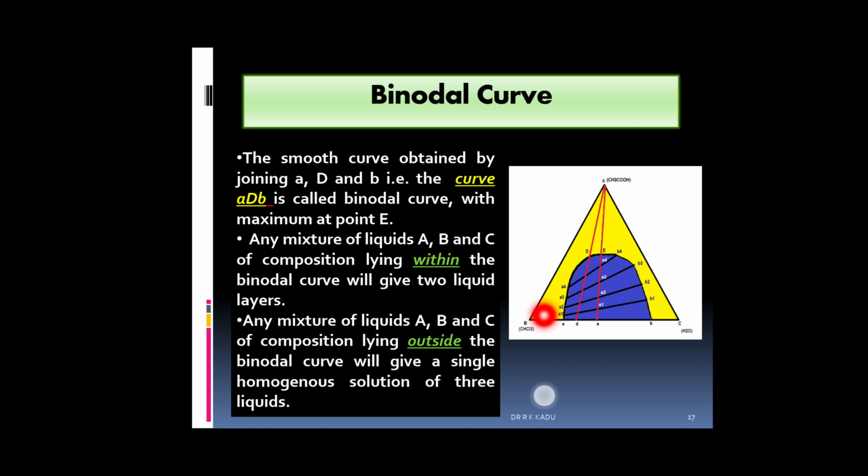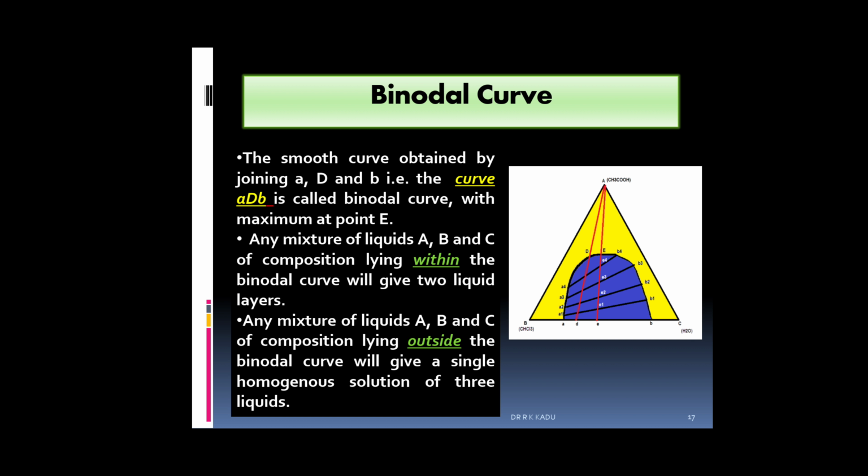This yellow color indicates the presence of a single homogeneous solution. This binodal curve is very important, as inside the binodal curve two liquid layers are present, and outside the binodal curve a single homogeneous liquid is present.